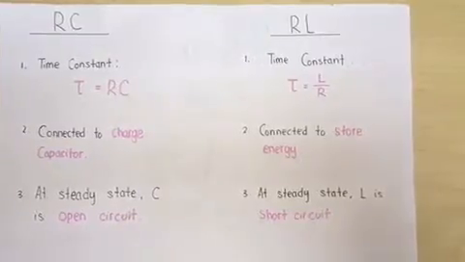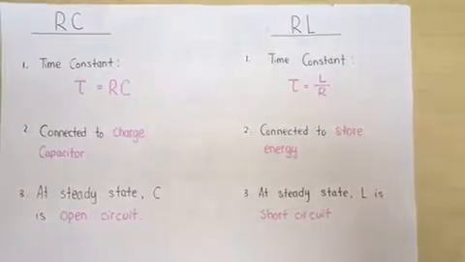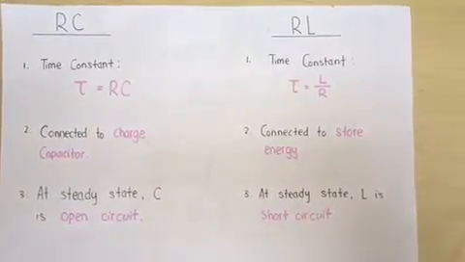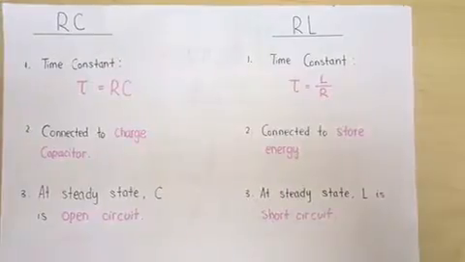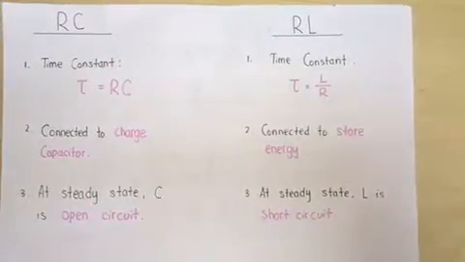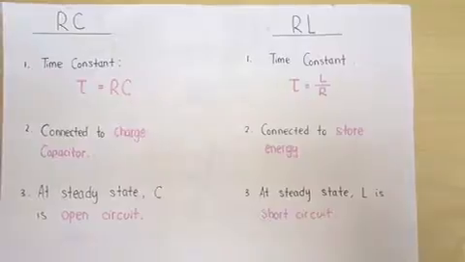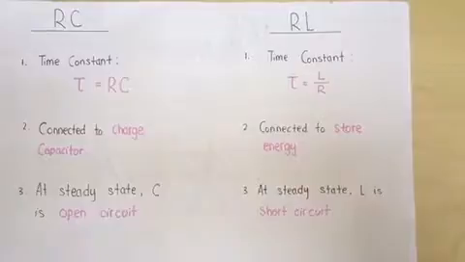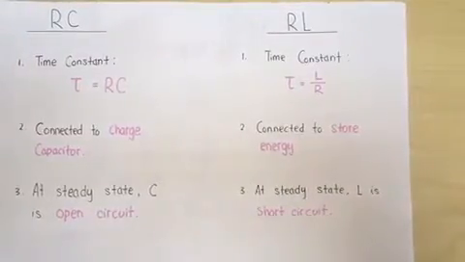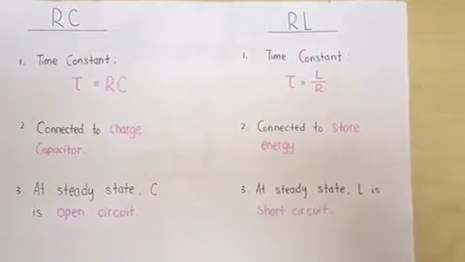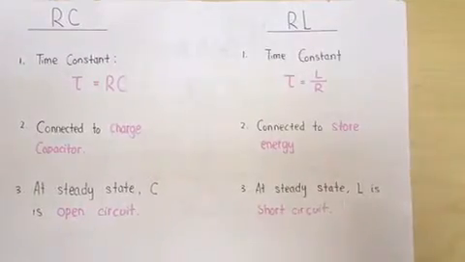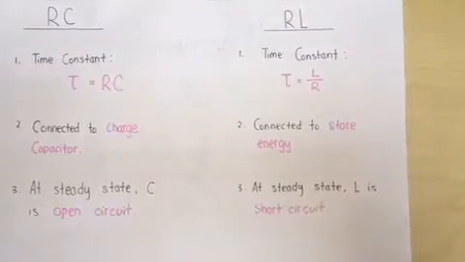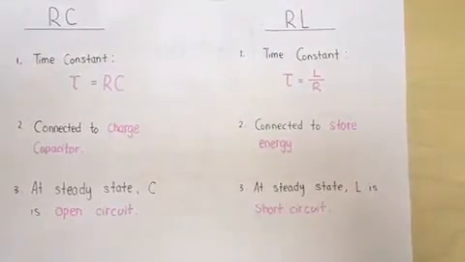For the time constant, the tau in RC circuits is a product of the resistance and the capacitance, and the time constant in RL formulas is the ratio of L against R. Next, RC circuits are used to charge capacitors, and RL circuits are used to store energy. In steady state, the capacitor represents an open circuit, and in RL circuits the inductor represents a short circuit.